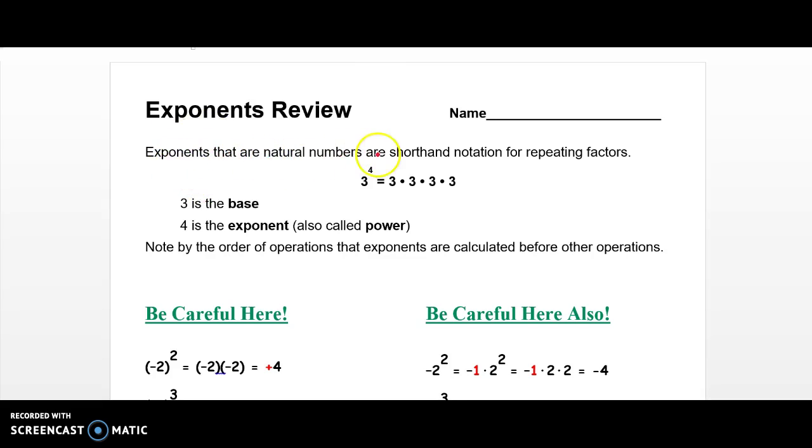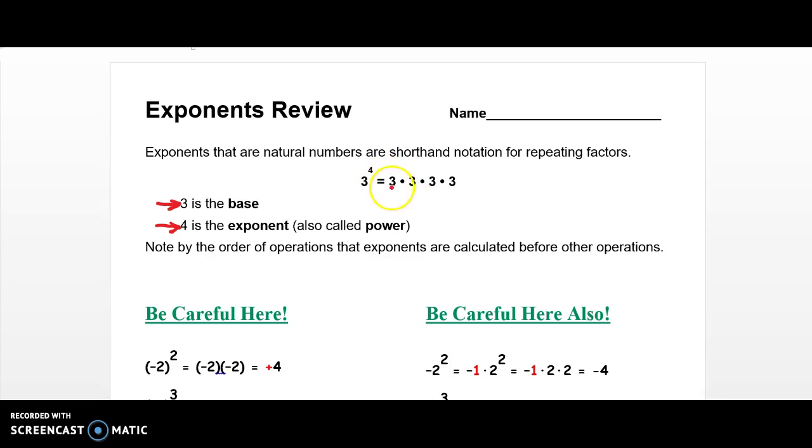Exponents that are natural numbers are shorthand notation for repeated factors. So if I've got 3 to the 4th power, the 3 is my base, and the 4 is my exponent. It's also called the power, and it's just shorthand for taking the base of 3 and multiplying it by itself 4 times.